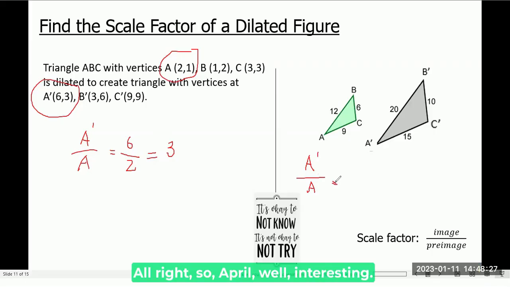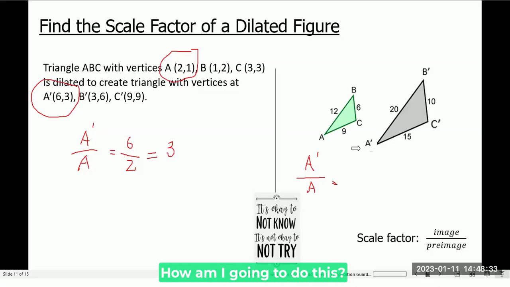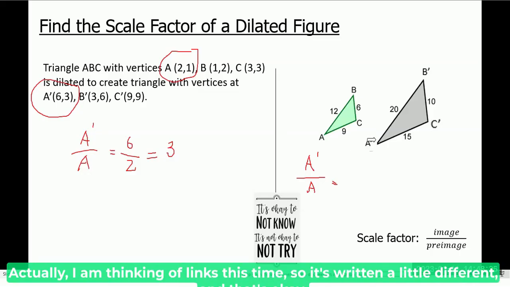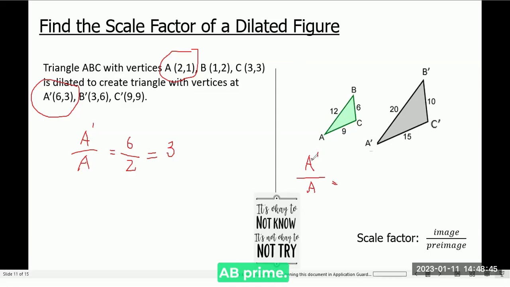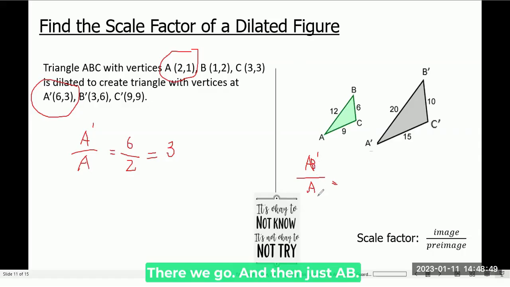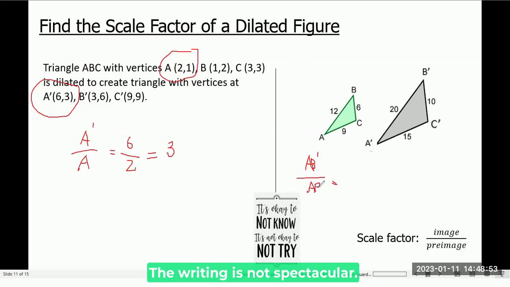All right. So A prime. Well, interesting. How am I going to do this? So actually, I am thinking of lengths this time. So it's written a little different, and that's okay. So I'm actually going to think about doing, why don't I rewrite it like this? A'B', and then just AB, okay? The writing is not spectacular.